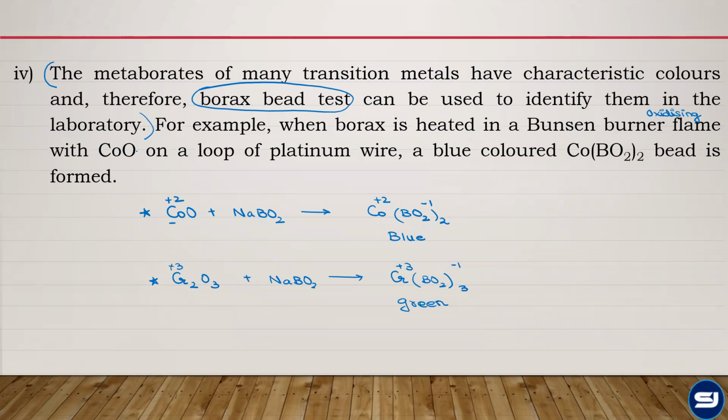So with cobalt oxide on a loop of platinum wire, a blue colored cobalt metaborate bead is formed. तो कलर और उसका फॉर्मूला इस बोरेक्स बीड टेस्ट में इंपॉर्टेंट है, जो पूछा जाता है. एक ब्लू कलर तो याद रखो कोबाल्ट का होता है, और ग्रीन कलर क्रोमियम +3 का होता है. ये दो कॉमन क्वेश्चंस आए हुए हैं इस टॉपिक से.